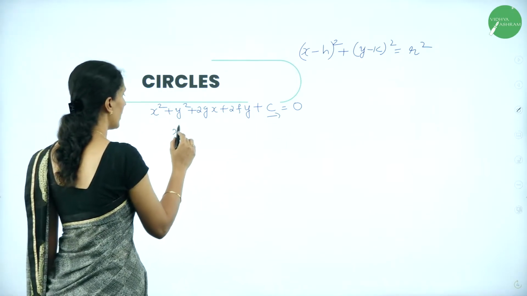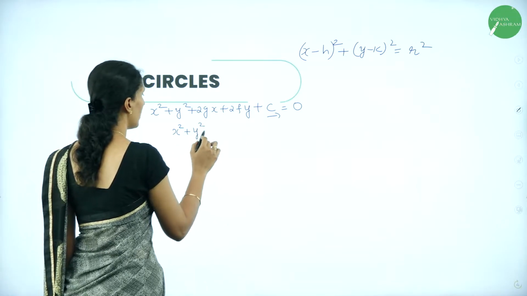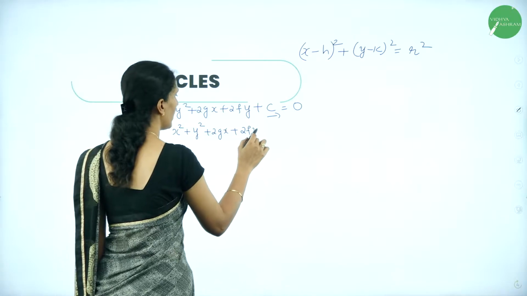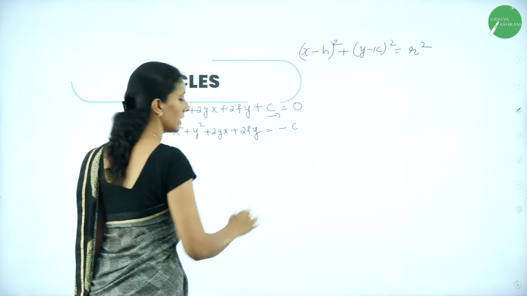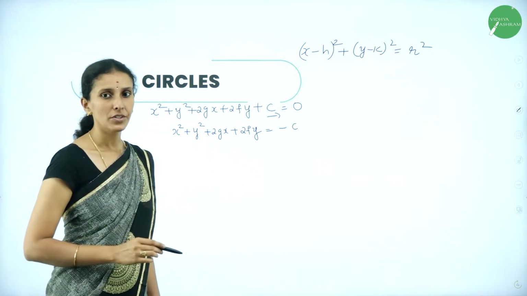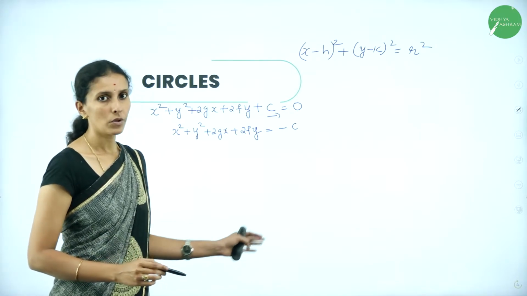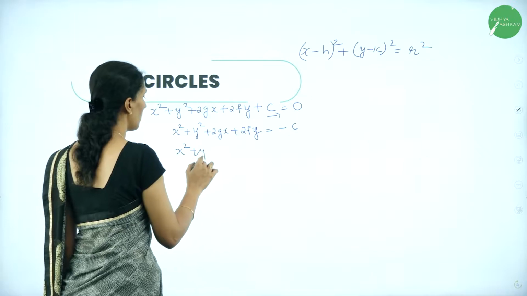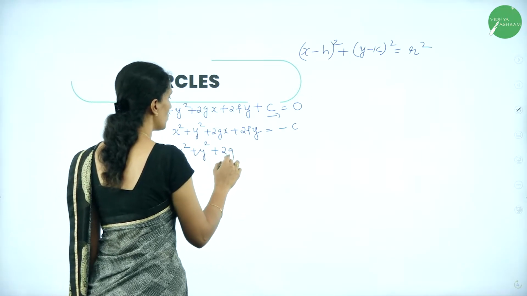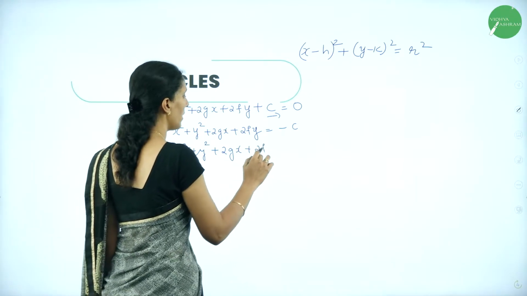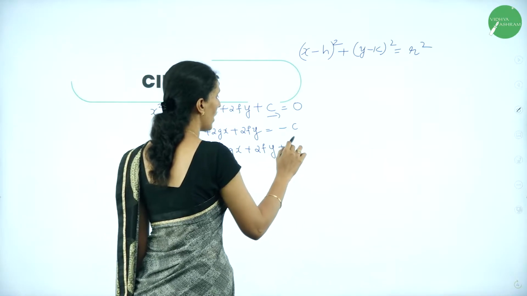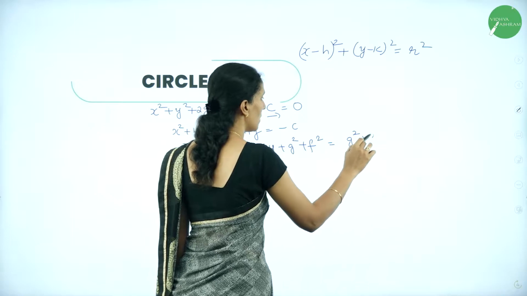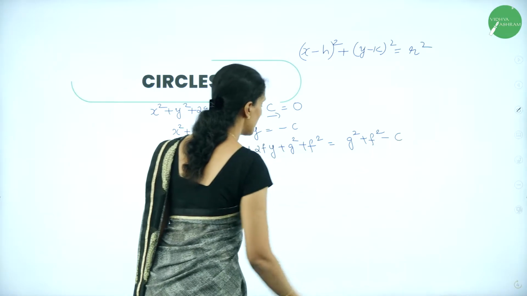Then I'll get x square plus y square plus 2gx plus 2fy is equal to minus c. Now add g square and f square on both sides of the equation. So it becomes x square plus y square plus 2gx plus 2fy plus g square plus f square, and on the right side also plus g square plus f square minus c.